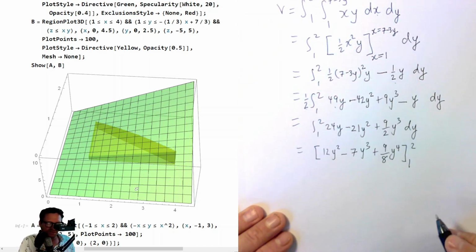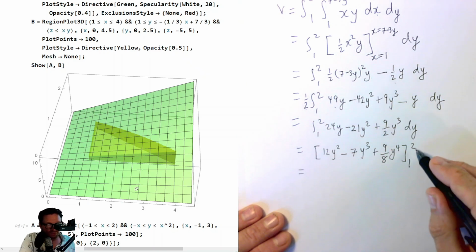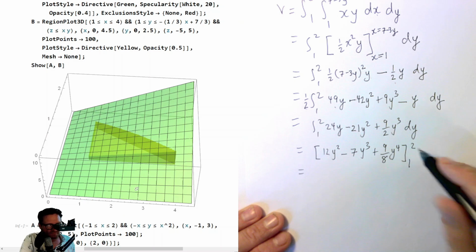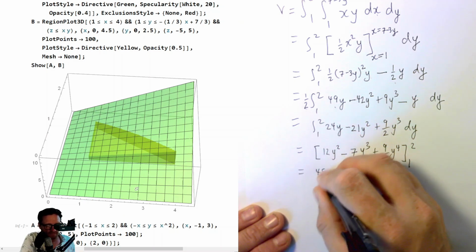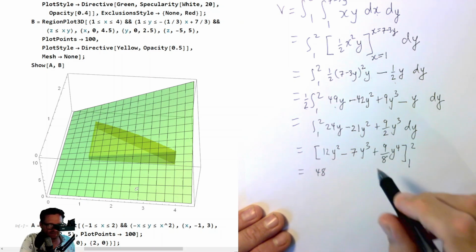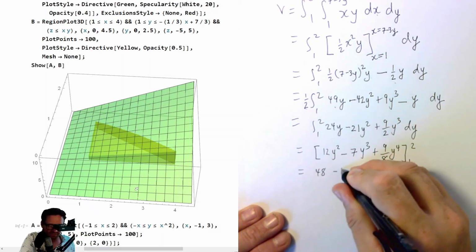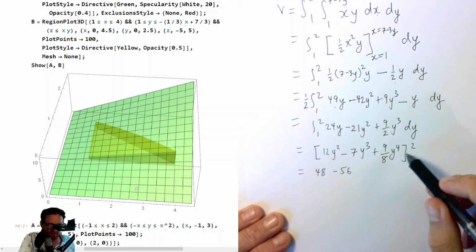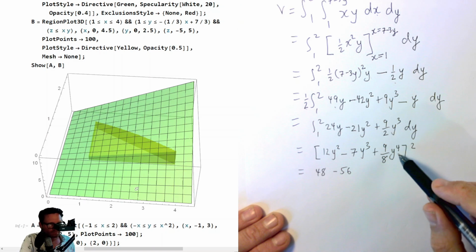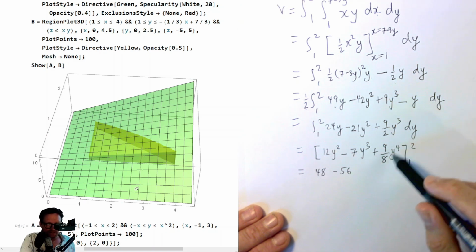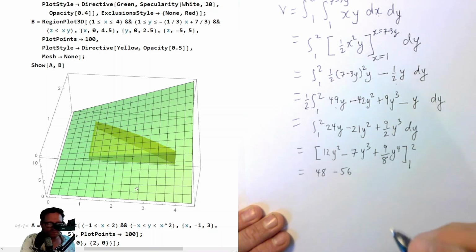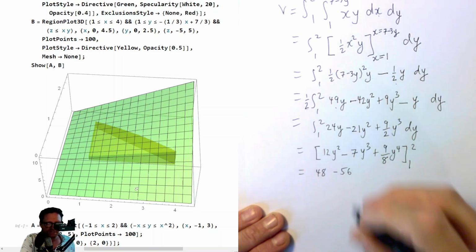So we've got to sub in 2, sub in 1, and take a difference. So 2 squared is 4. 4 times 12 is 48. Okay, 2 cubed is 8, so that's minus 7 times 8 is 56. 2 to the power of 4 is 16. 16/8 is 2. So 9 times 2 is 18.